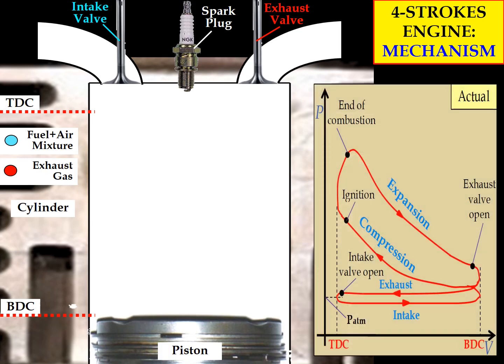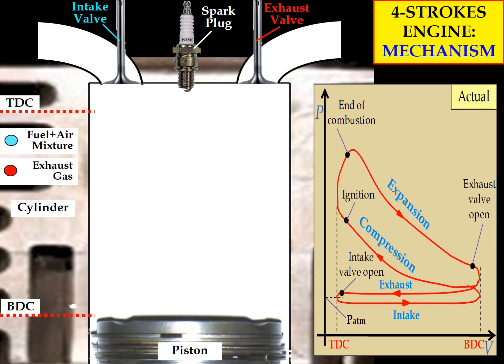In order to describe the process, what happens inside the combustion chamber in terms of pressure change and volume change, we need to refer to the PV diagram as shown in the slide. This PV diagram shows the actual thermodynamic cycle for the four-stroke engine.